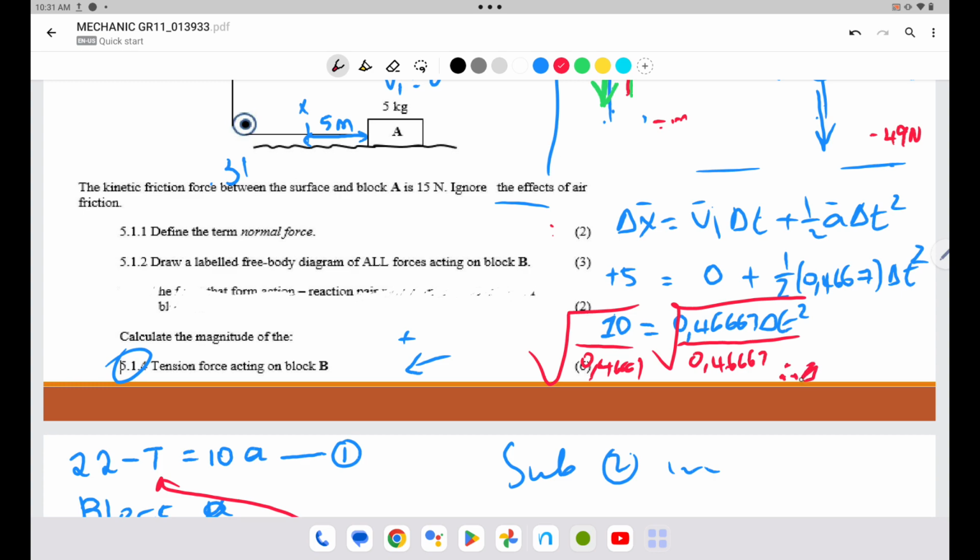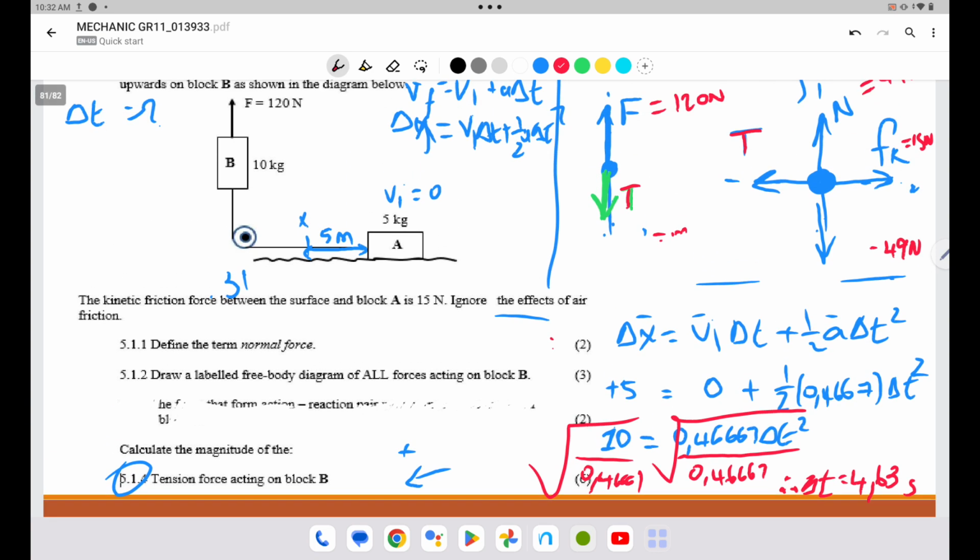Therefore, delta T will be equal to the square root of 10 divided by 0.46667. That is approximately 4.63 seconds.